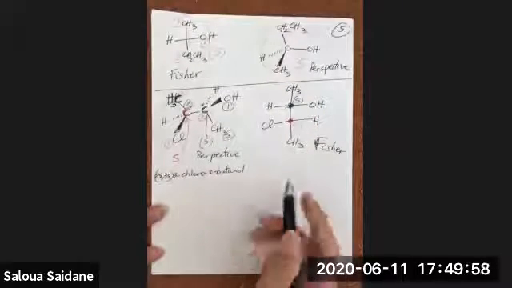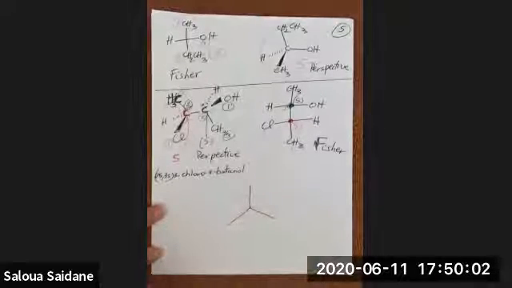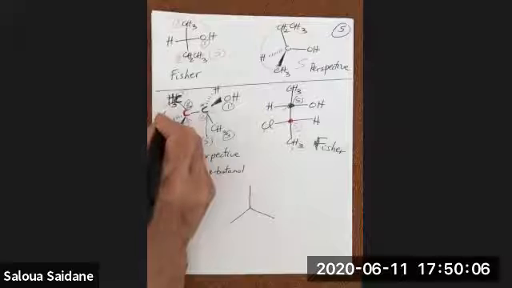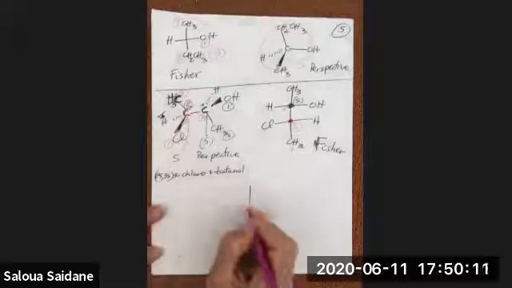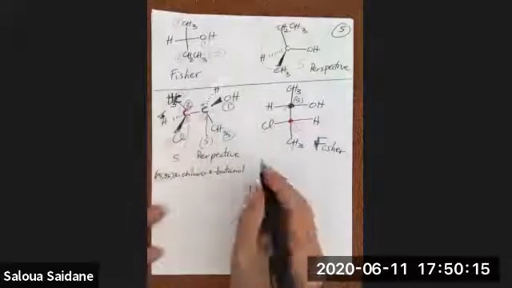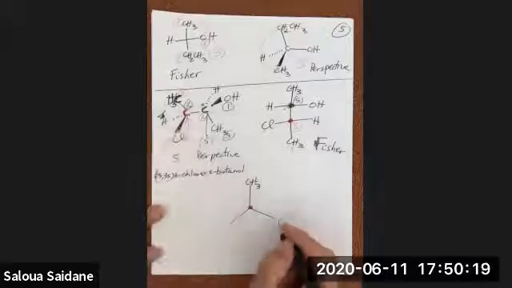The last thing is to represent it in the Newman projection. See, you can look in this direction. Remember the Newman projection? This pink carbon would be the front. On top, I have CH3. To the right, I have Cl.